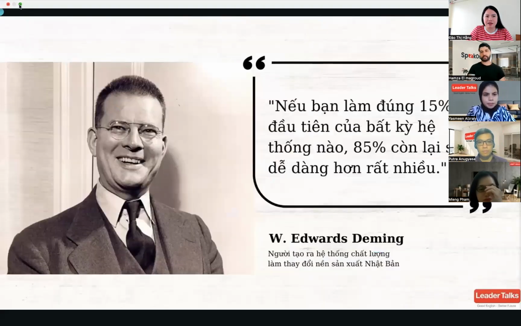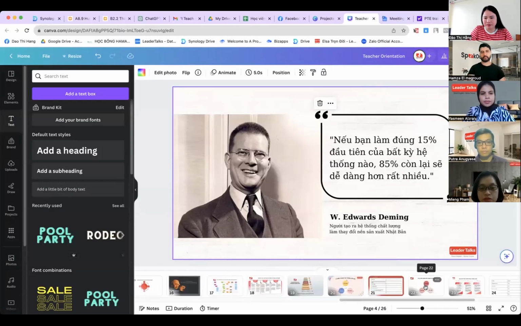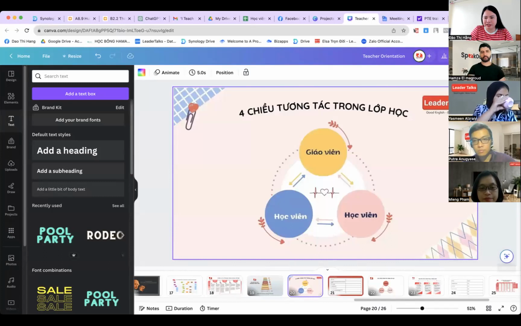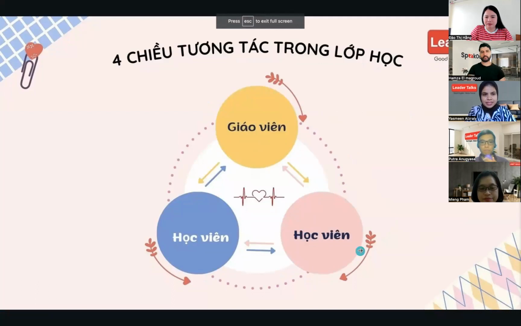It's about changing the mindset of students. Sorry, this is in Vietnamese, but the yellow one is teacher. The second one is about student and student. So when we're talking about the interaction dimension in the class, we normally think one way, that the student goes to class to learn from the teacher, but that's wrong.